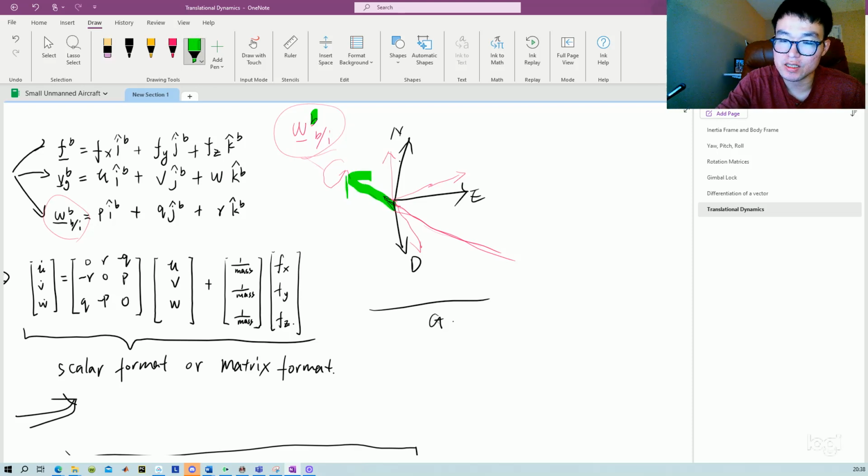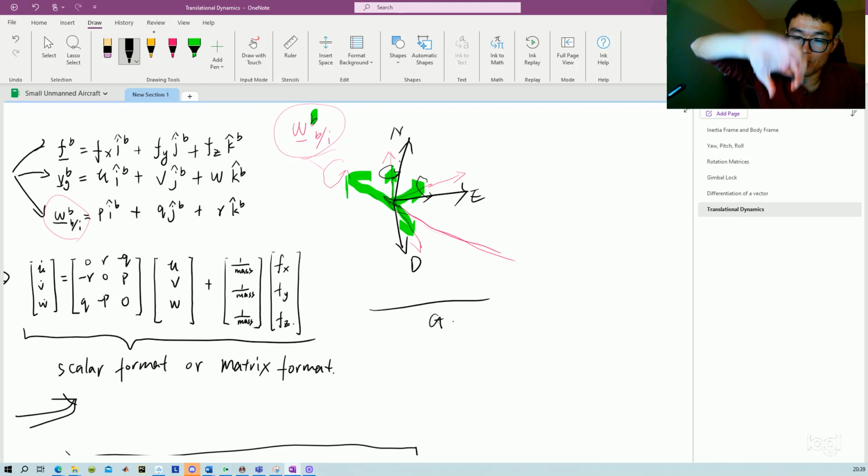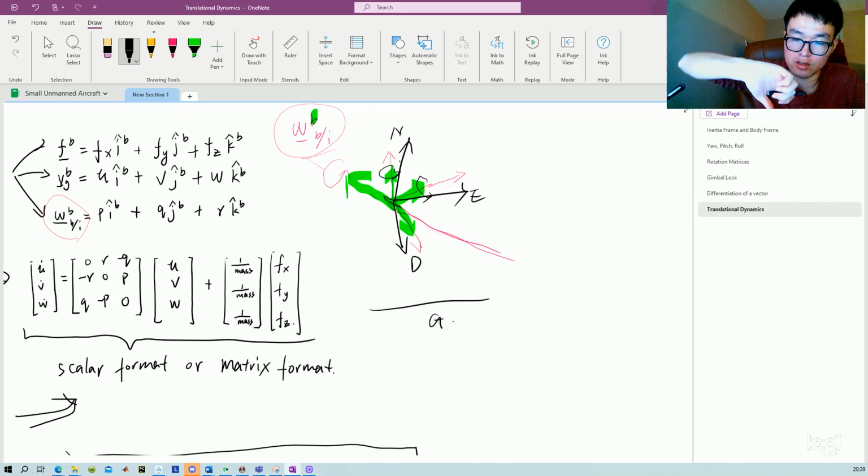We can project it onto the body frame. So you just apply projection, and each of them can again be modeled by the right-hand rule as a rotation quantity, pointing in the direction.